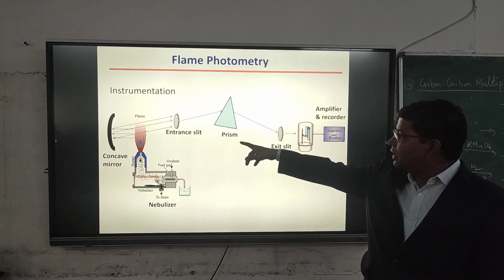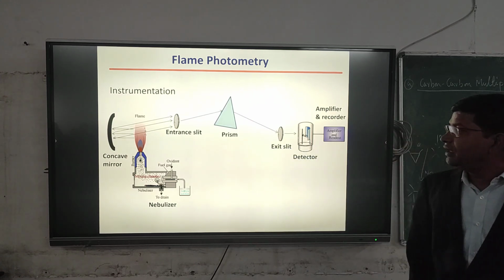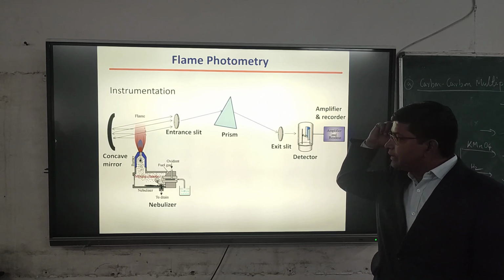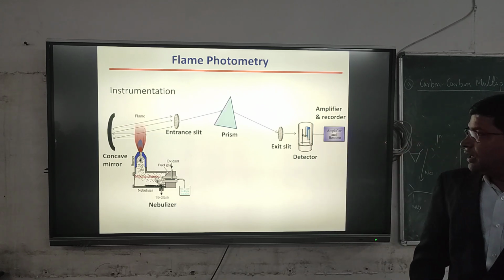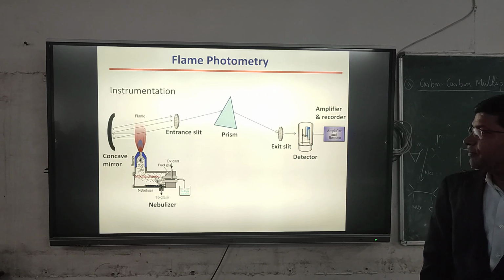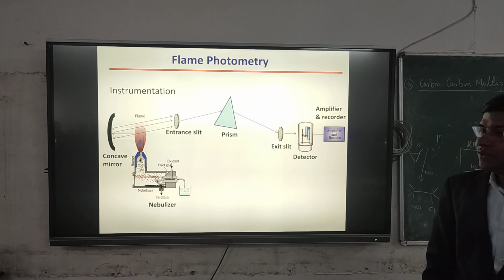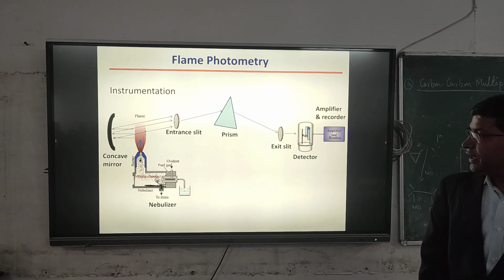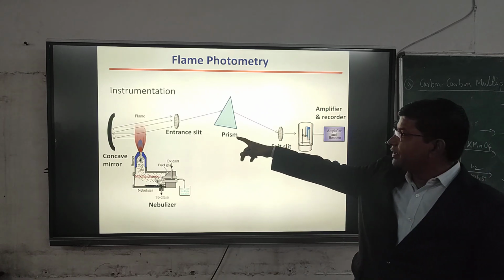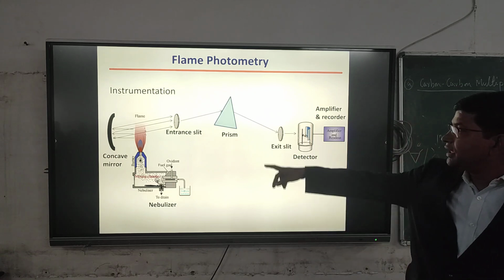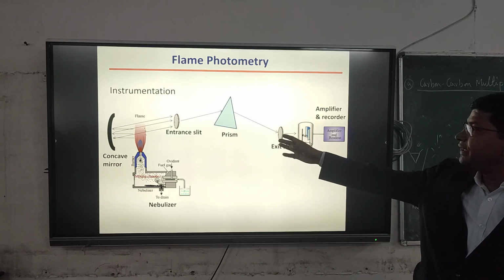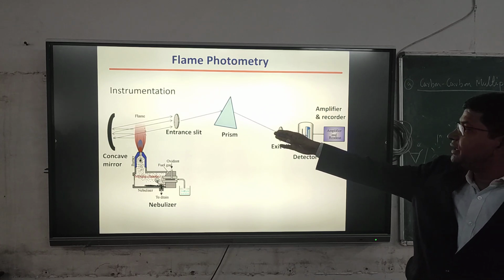First we have a flame, then a nebulizer, then a mirror, an entrance slit, an exit slit, and finally a detector. First, the flame: as I told, it will volatilize your liquid sample with the help of a nebulizer, where the three components, sample, fuel and oxidant, mix together, and thermal energy from the flame will activate your element, and after that it will emit radiation.